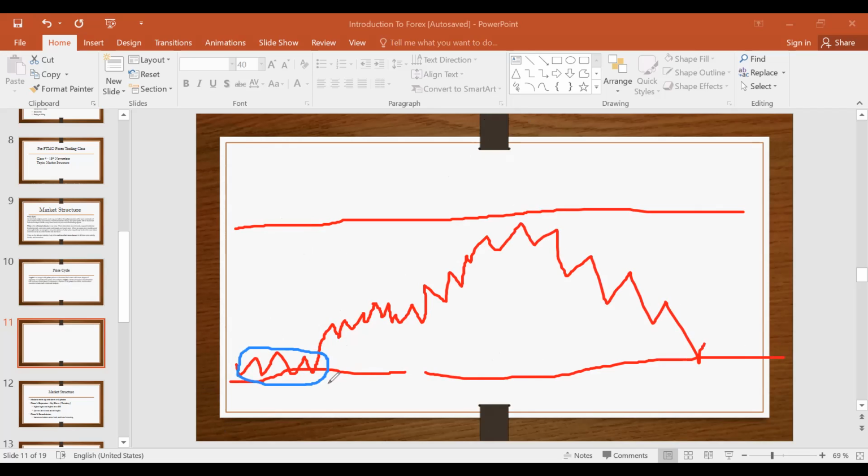And because it was at a support, it is trying to go up to the resistance up on the top. So along its journey to the top, which is resistance, it will form some structures. The structure it will form must be in alignment with the way the market is structured.